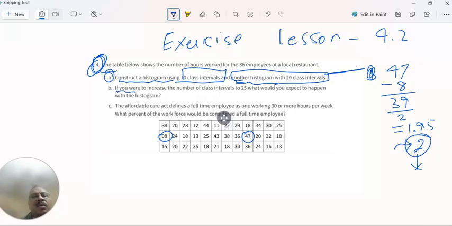And the next one also says, if you increase the class number to 25, what would you expect to happen?